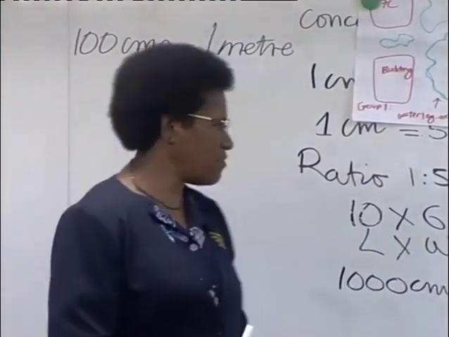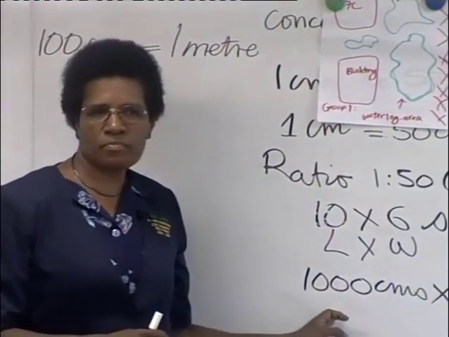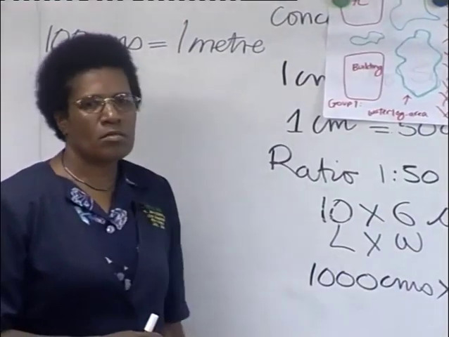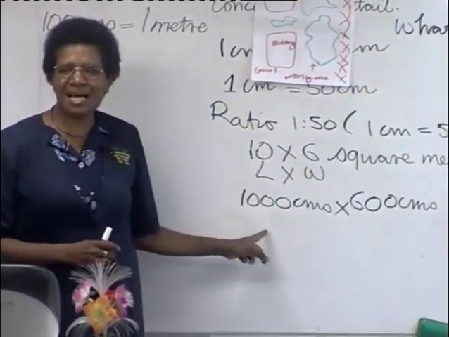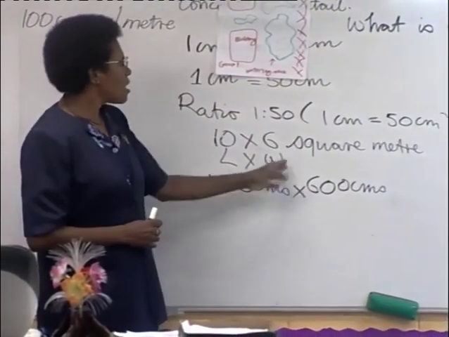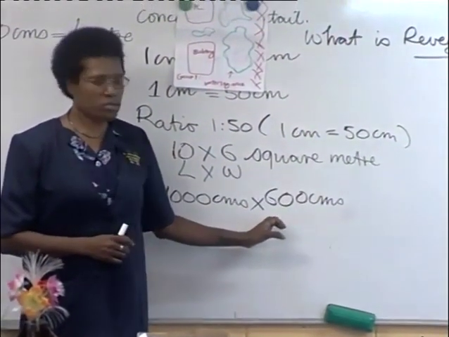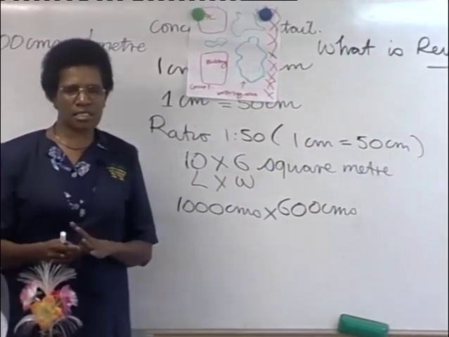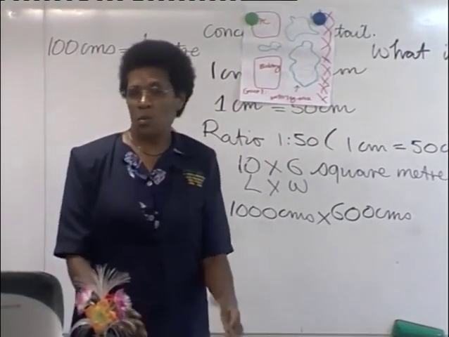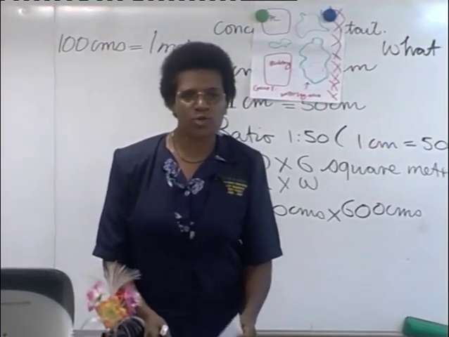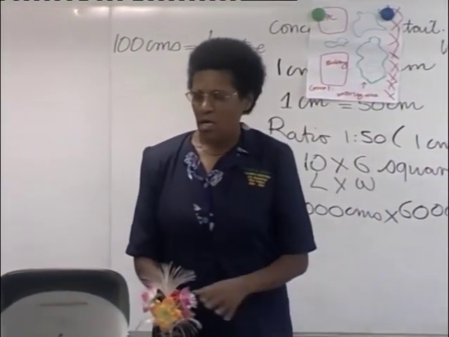Now we have done the example there. 10 by 6. 10 equals 1,000 centimeters. 6 equals 600 centimeters. I hope, class, you have that done, so when you come to the correct measurement, you get it done correctly.